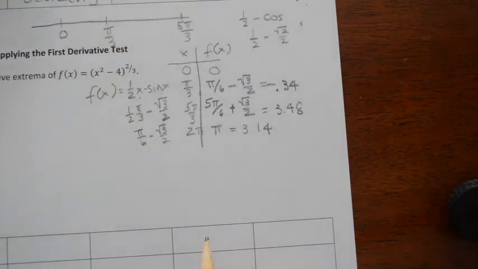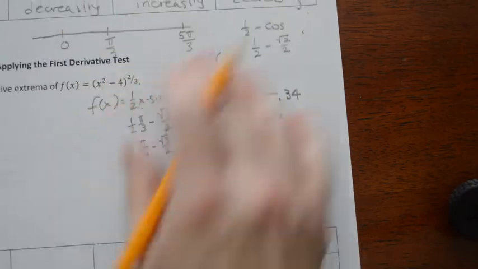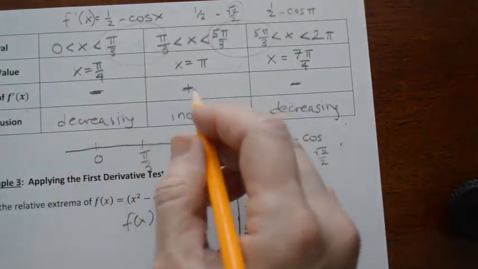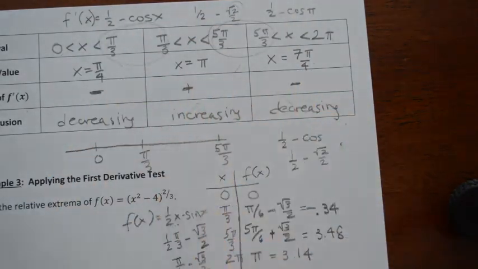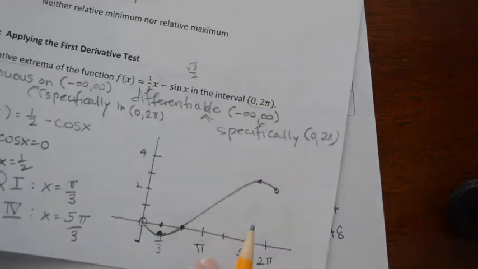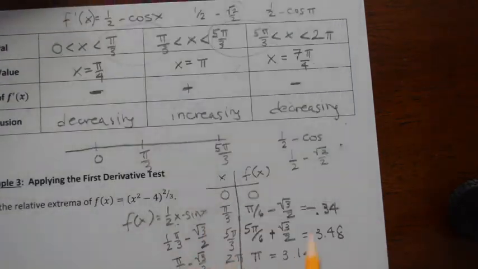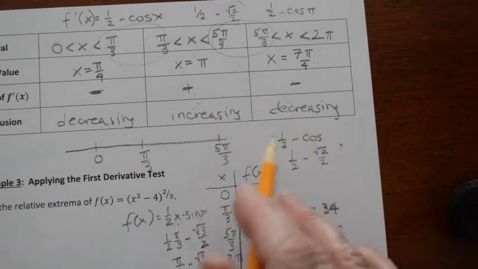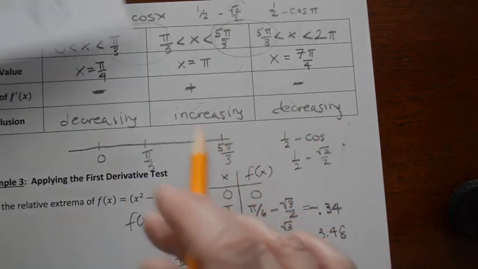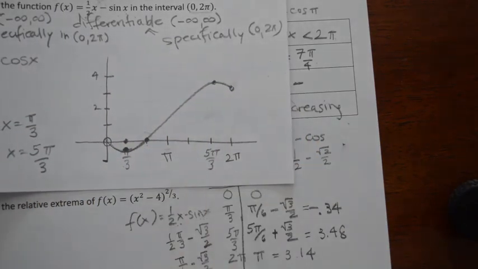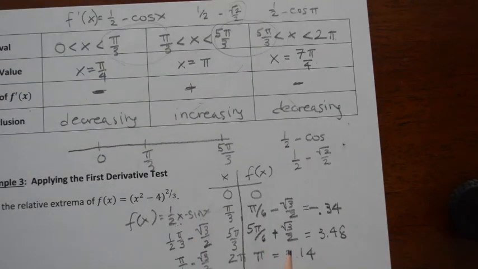All right, so again, you don't have to do this part. This table is enough to tell us where the relative max and the relative min are, but it will help us sketch the graph if we know what the y values are. But again, it didn't ask us to do that, so technically you don't need to, but I just wanted to sketch the graph so that you could see that yes, we're actually correct in what we said.